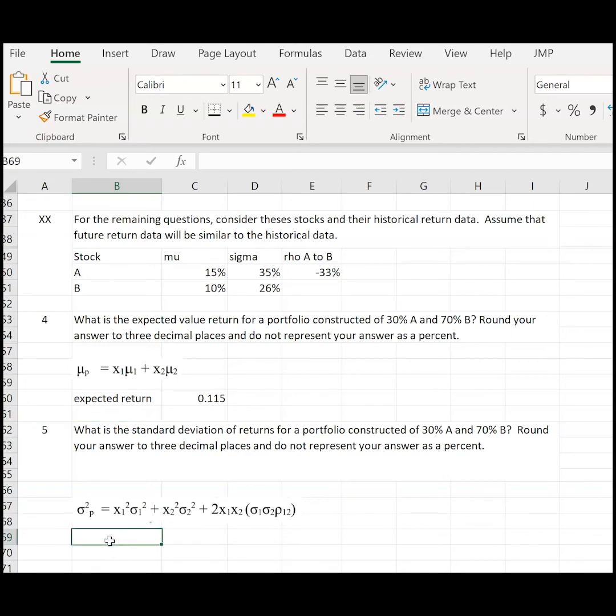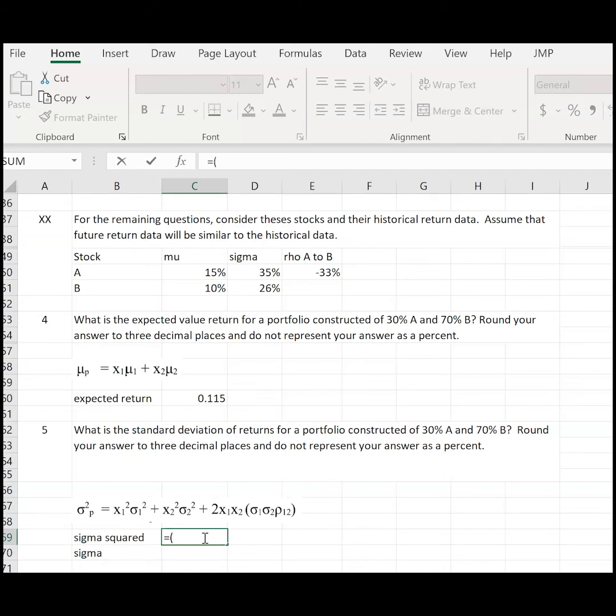And then if we do the exact same thing for standard deviation, I'm just going to solve for sigma squared first, and then I'm going to solve for sigma. As we solve for sigma squared, we're going to have to take the weight of stock A, which is 0.3, squared, times the standard deviation of stock A, in other words, the sigma of stock A squared, plus the weight of stock B squared, times the sigma of stock B squared, plus 2 times the weight of stock A, times the weight of stock B, times the standard deviation of stock A, times the standard deviation of stock B, times the correlation between stocks A and B, or in other words, rho.